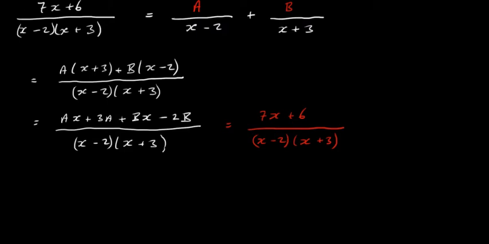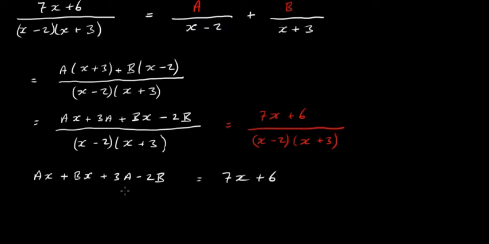So really I need the top part to be equal to the top part here. I'll put the x's together: ax plus bx plus 3a minus 2b, and I need that to be equal to 7x plus 6.